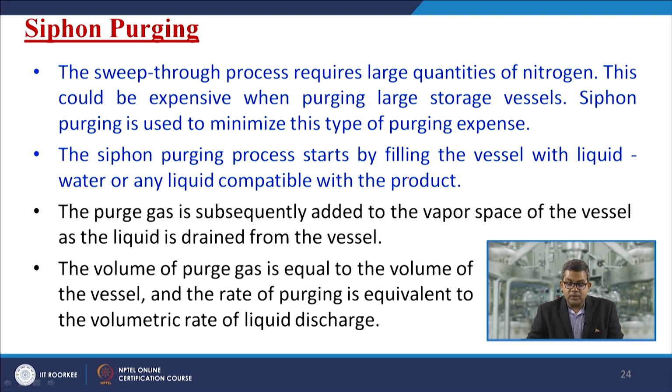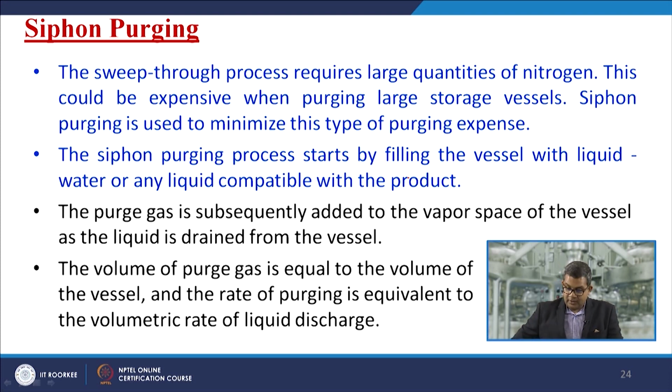The siphon purging process starts by filling the vessel with a liquid, sometimes with water or any liquid compatible with the product. Then the purge gas is subsequently added to the vapor space of the vessel, and liquid is drained from the vessel simultaneously.